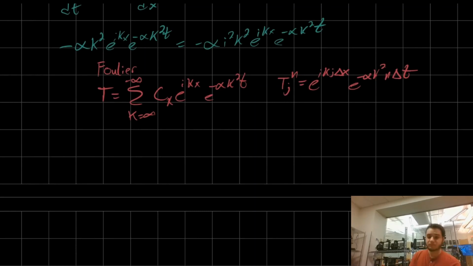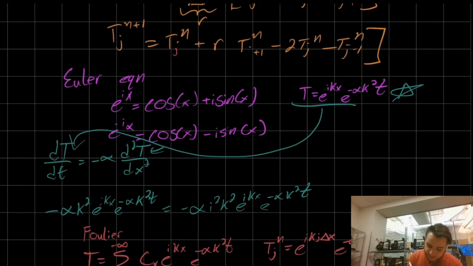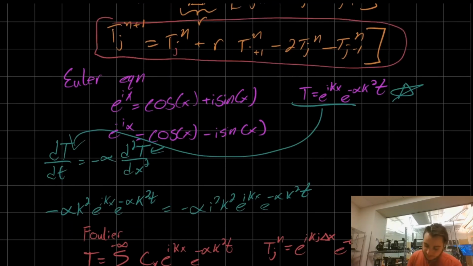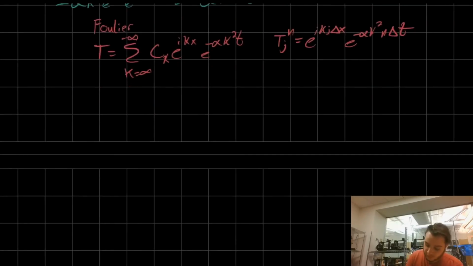So having that, where do we go from here? Well, we can plug into this top equation up here, and we can factor out these plus ones and minus ones to make our lives a little bit simpler. So let's do that. We're going to do it in a new color. We're going to do green.